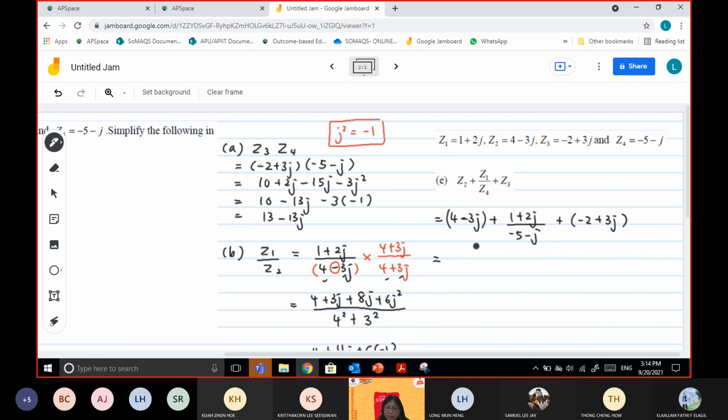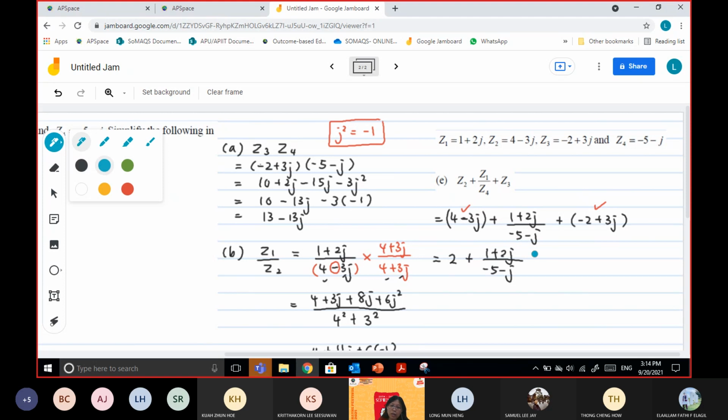I think we can simplify this first. 4 minus 2 is 2, minus 3j plus 3j, then no more j. So only 2, which will be easier to solve later. Then 1 plus 2j divided by -5 minus j.